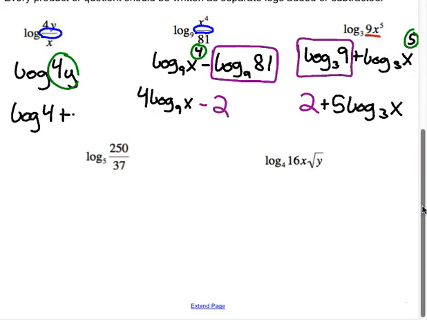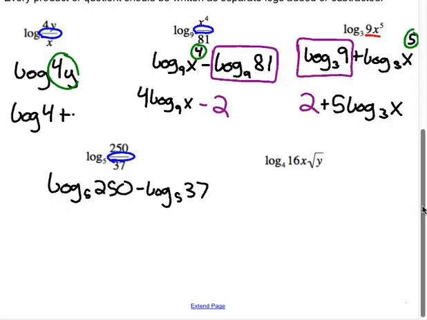All right, now this next one, I see division. Okay, and division, we know, equates to subtraction. So log base 5, 250 minus log base 5 of 37.